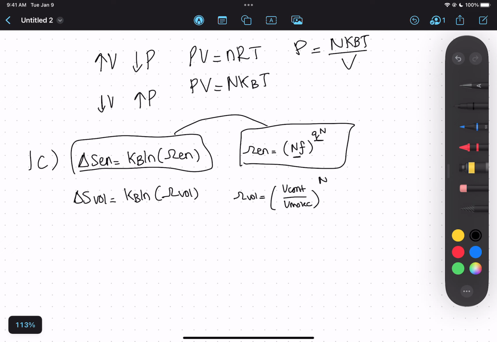If you're looking for delta S energy, the one thing that we can actually change, because we can't change the identity of a particle, we can't change what a particle is, but we can change essentially how much of that particle there is. And so that can effectively change our energetic entropy. So there you go.